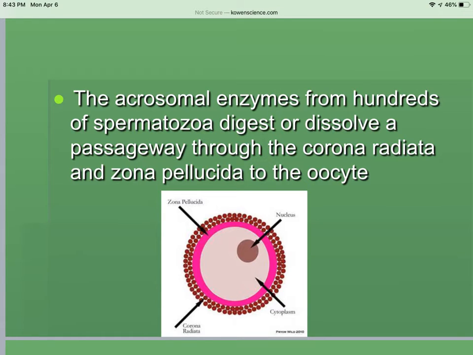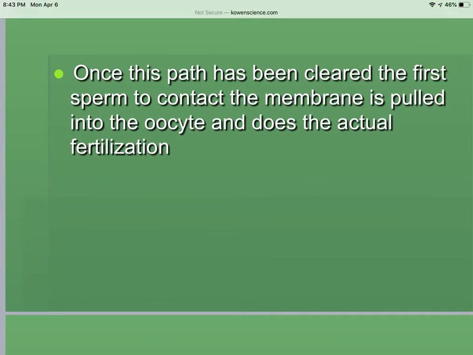So it's not necessarily the first sperm that reach the oocyte that fertilize it, but the one that gets through after the other sperm's acrosomal enzymes have digested and opened a passageway.